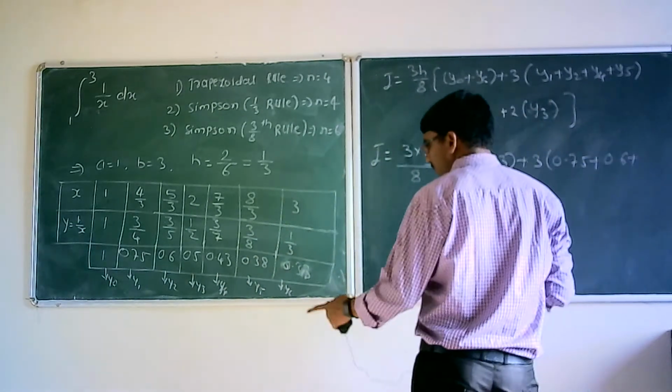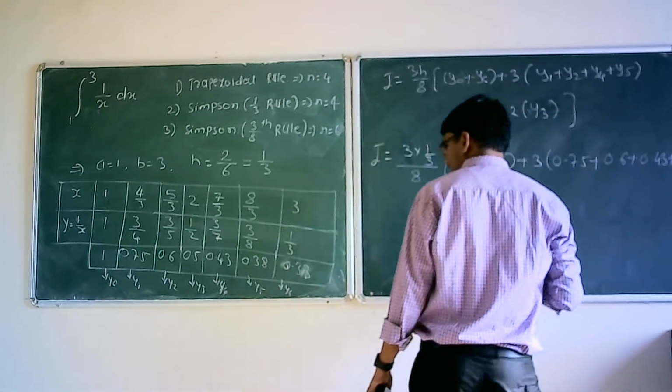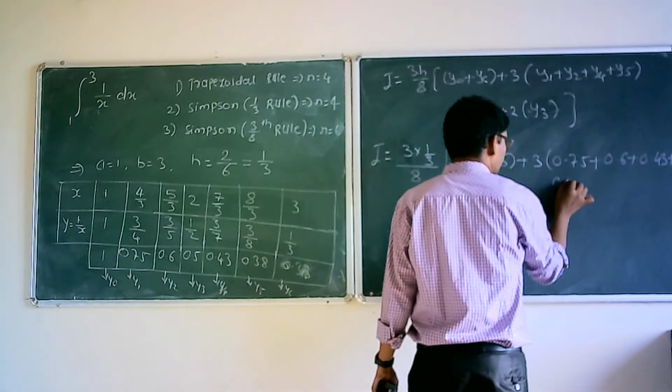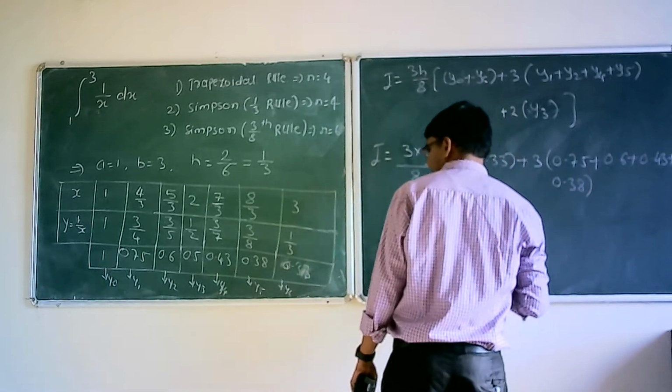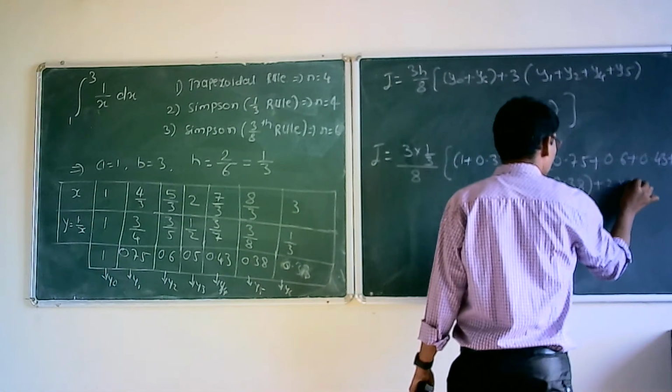Now we will not take y3, y4 is 0.43 plus y5, 0.38, bracket completed, and next 2 times y3, 2 times 0.5.